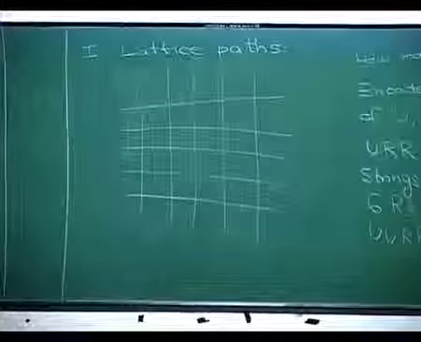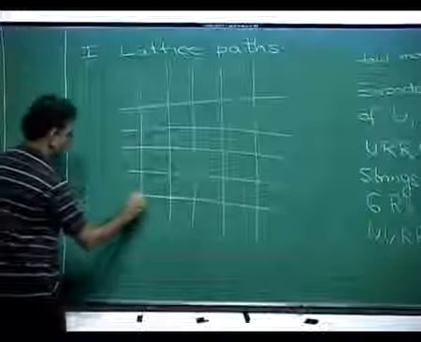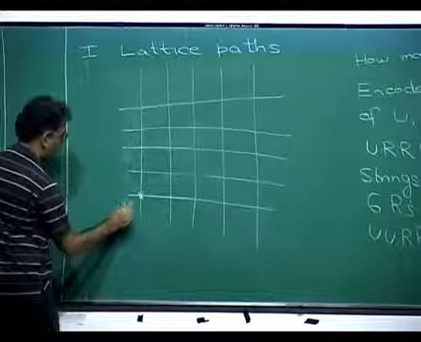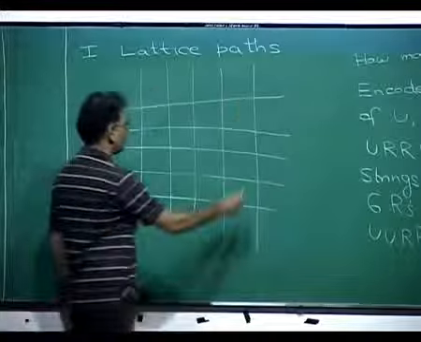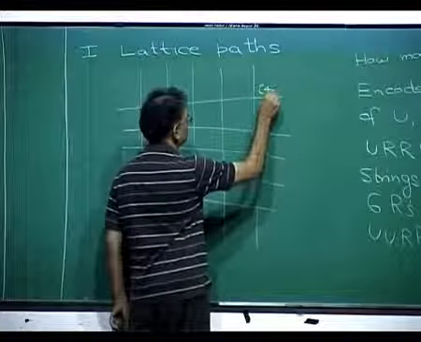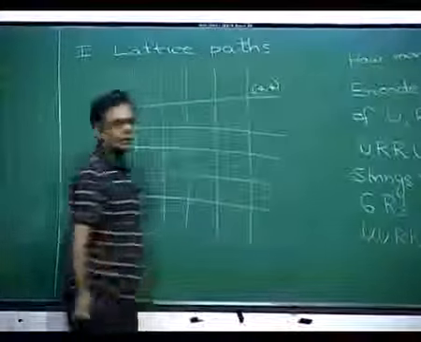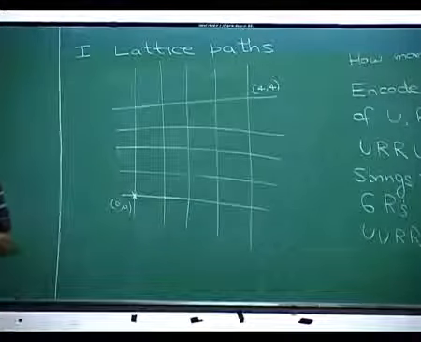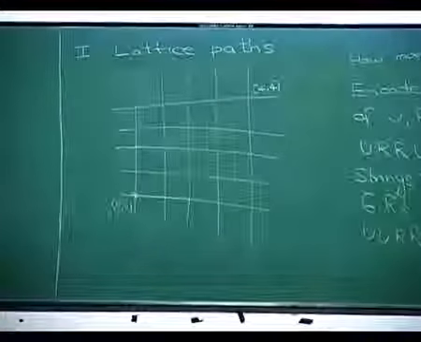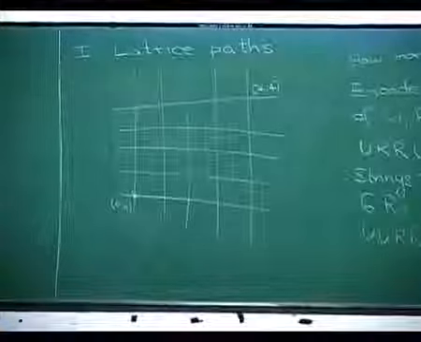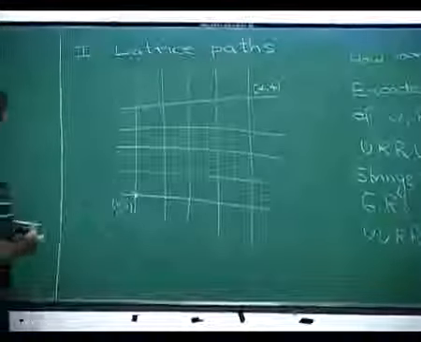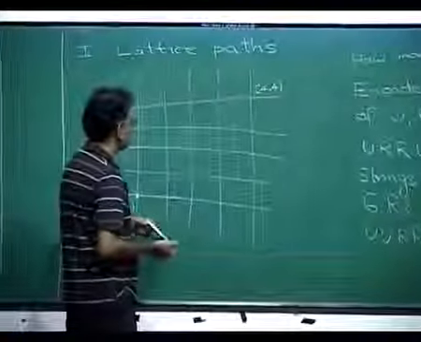So now let us say we want to go from 0, 0 to say the point 4, 4. We want to go from 0, 0 to 4, 4. We know the number of ways of doing that is 8 choose 4, right? M plus N is 8 and M or N are both 4. So the number of paths is 8 choose 4.